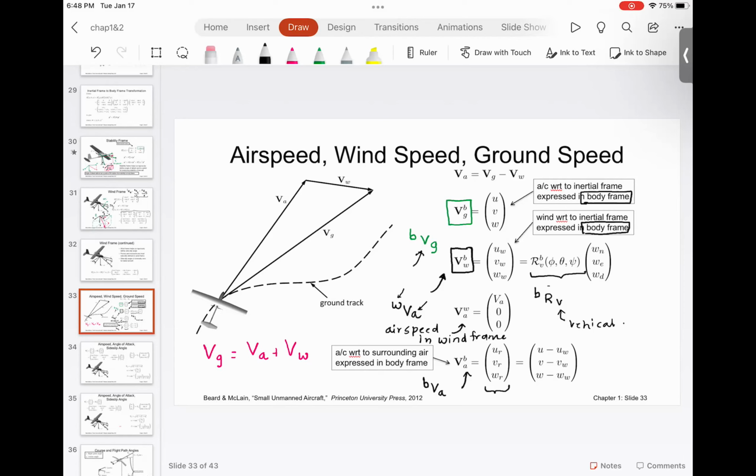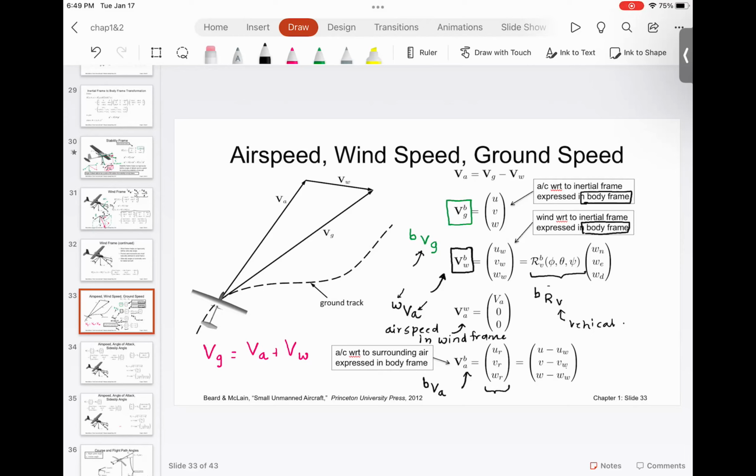These components are the wind speeds in the body frame, and U, V, and W are the aircraft speeds in the body frame. So you find the relative velocities: U minus UW, V minus VW, and W minus WW.